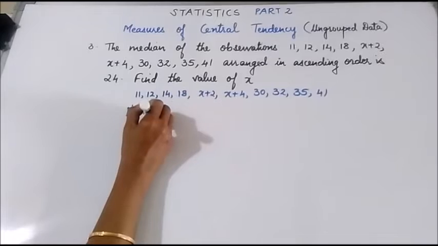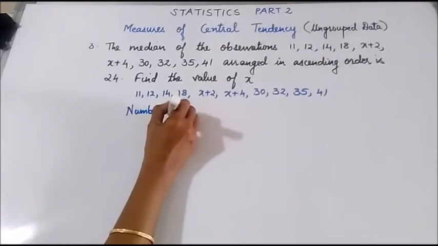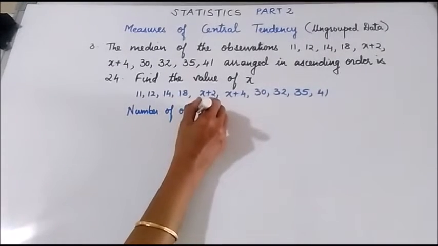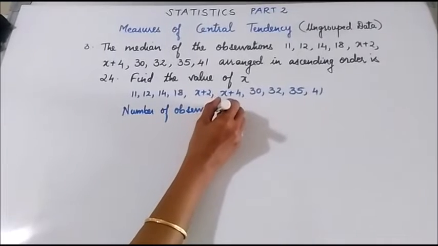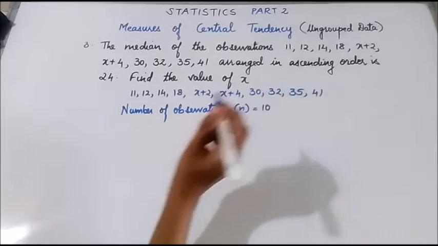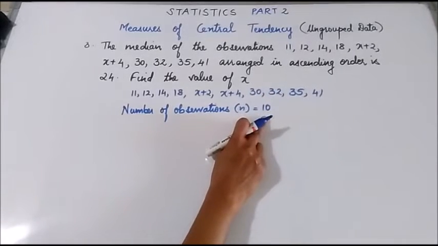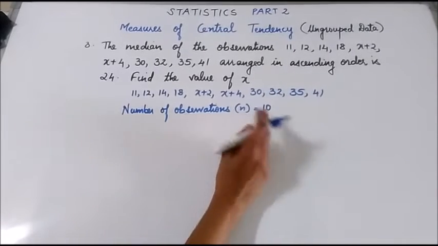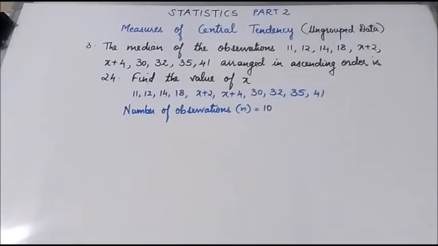Here number of observations, n is equal to 10. 10 is an even number, so there will be 2 values which will be in the middlemost position. We have to find the mean of that value.